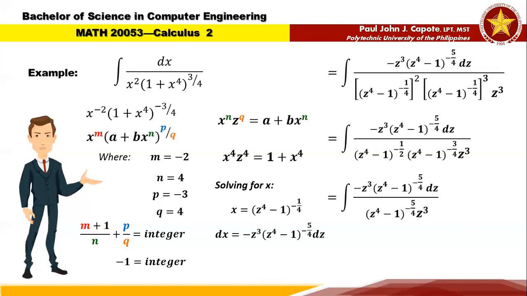And we all know that when we multiply terms with the same base, we only add their exponents. And so we have this new derived expression in the denominator, the quantity z raised to the power of 4 minus 1, all raised to the power of negative 5/4, then copy z to the power of 3.